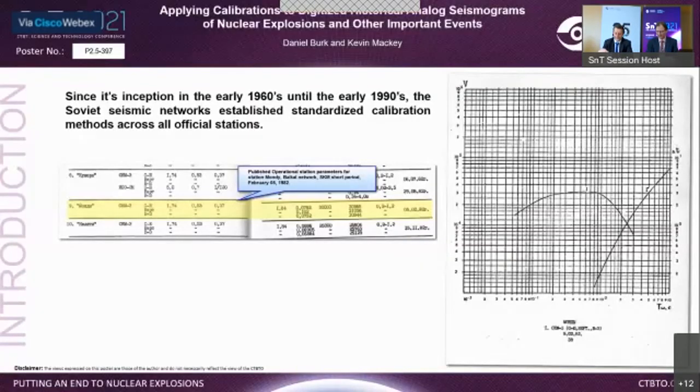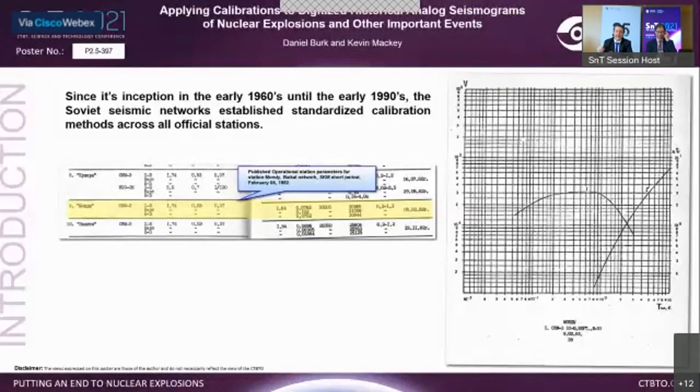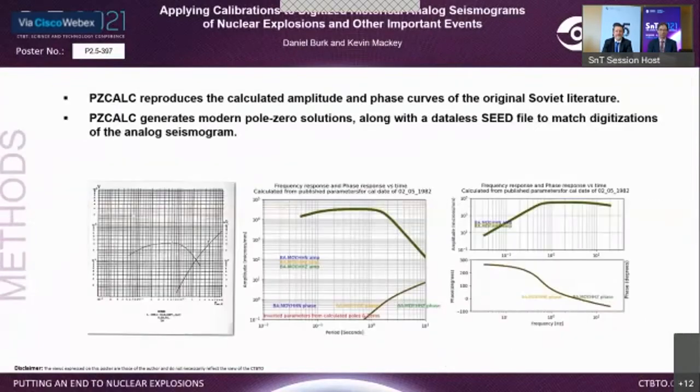To utilize this historical data, it is important to know the frequency characteristics of the seismic channel that generated the seismogram to accurately recover ground motion. Calibrations can vary significantly with time and location, thus a single generic calibration for a station or instrument type is insufficient. Fortunately, many Soviet stations were calibrated annually, and these calibration records have been recovered.